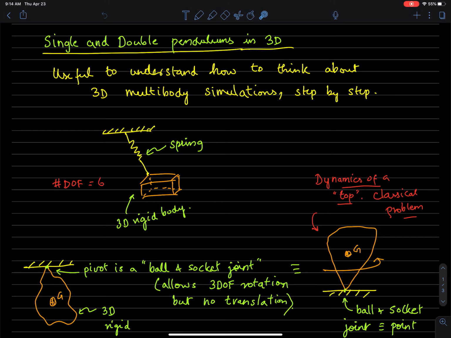Understanding how to simulate objects like this in 3D is more or less most of what you want to learn to do general 3D multi-body simulations. If you can do a triple pendulum in 3D, you can do 3D multi-body simulations.